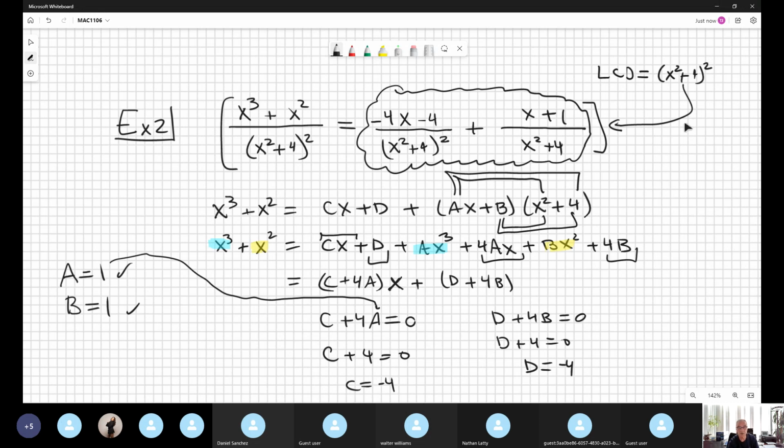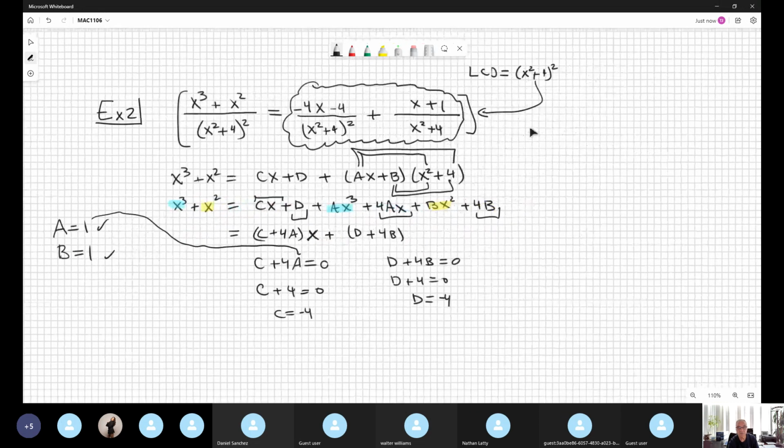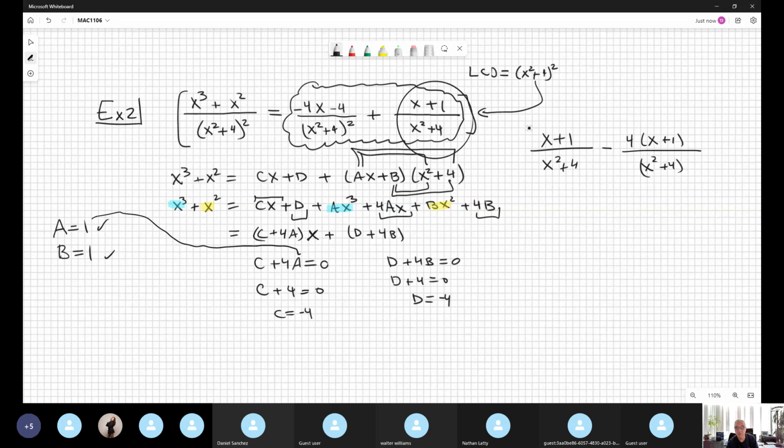Let me show you another alternative: you put x plus 1 over x squared plus 4, I copy this guy again, minus common factor 4, x plus 1 divided by x squared plus 4 squared.